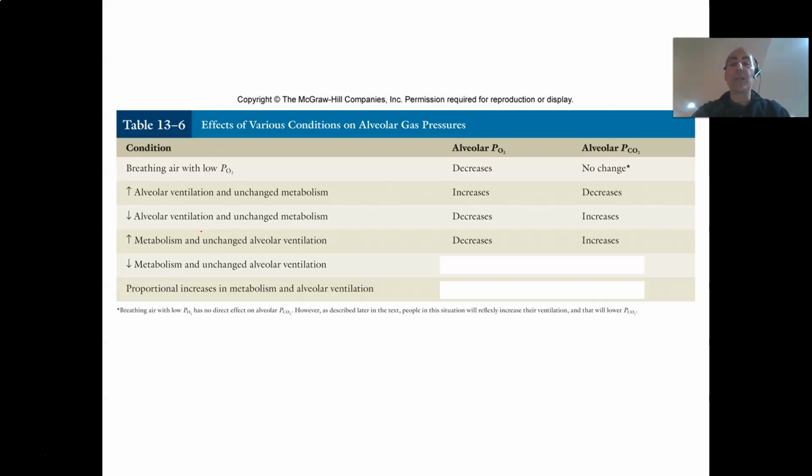You're breathing at the same rate. The same total volume is coming in and leaving. Your metabolism goes up. What happens is the cells are now using more oxygen, so that decreases your alveolar PO2, and at the same time you're also producing more waste or more CO2, so you get an increase in alveolar PCO2.